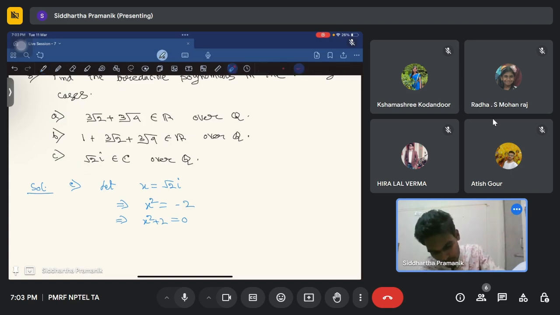So this element √2 i is a root of this polynomial. So √2 i is a root of x² plus 2, which is an element of Z[x], right?